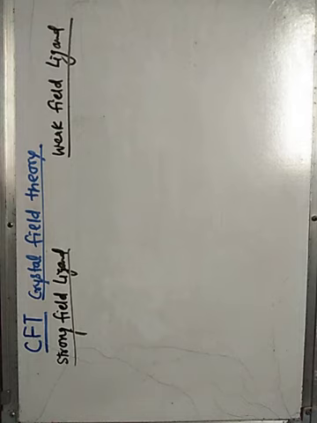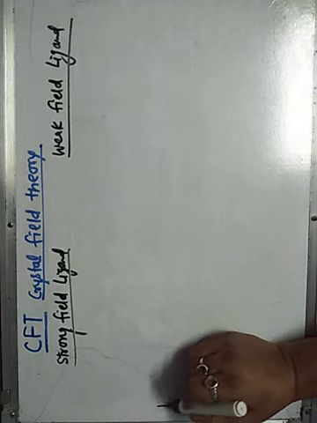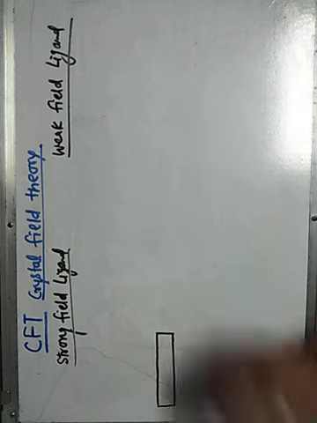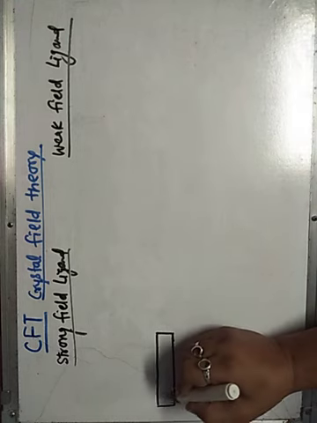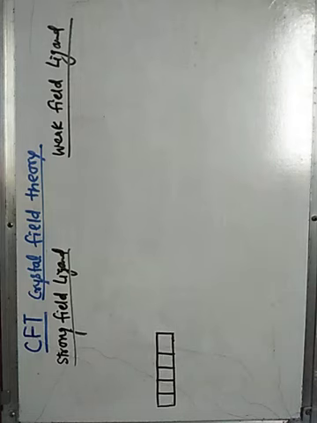Let's see. First of all, in a strong field ligand, you have to mention the d orbitals of the central metal ion here. The d orbitals are five: dxy, dyz, dzx, dx square minus y square, dz square, like this.